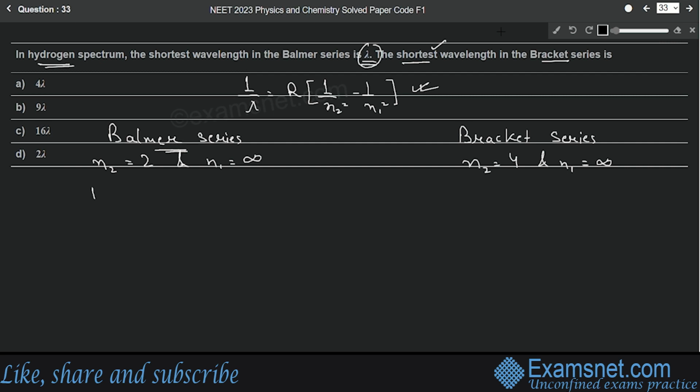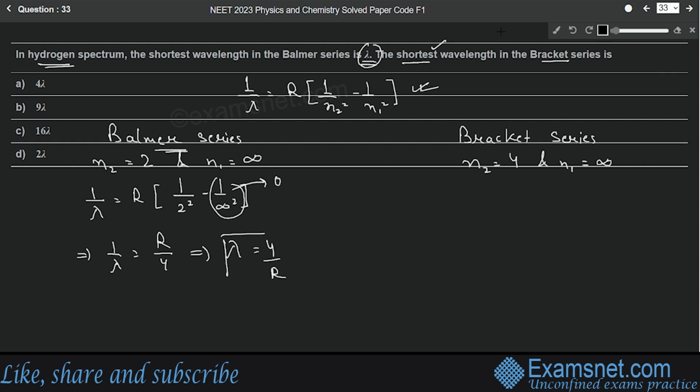So for Balmer series it will be 1 by lambda equals R into bracket 1 by 2 square minus 1 by infinity square. So 1 by lambda equals R by 4, because 1 by infinity square will be 0. So from here we can say that the value of lambda is 4 by R, right? Let's write it as equation number 1.